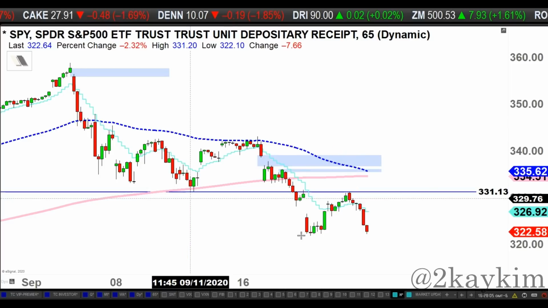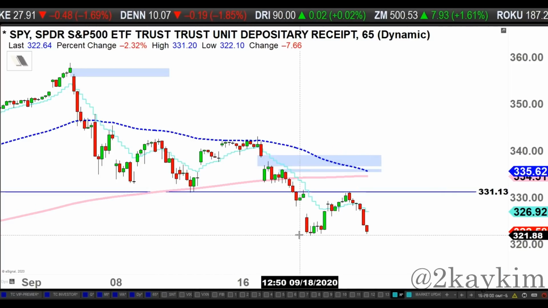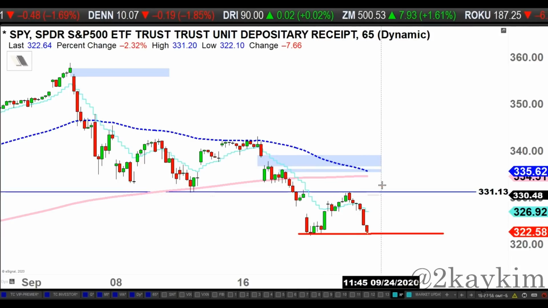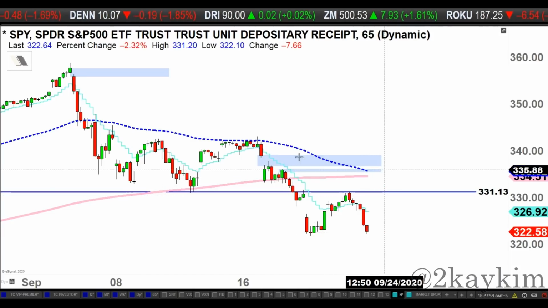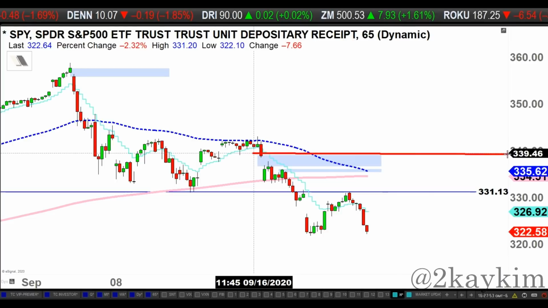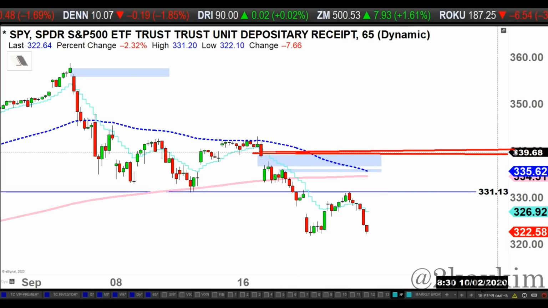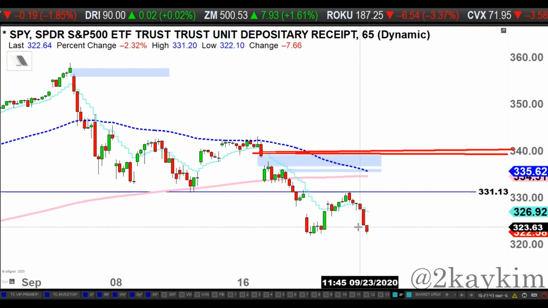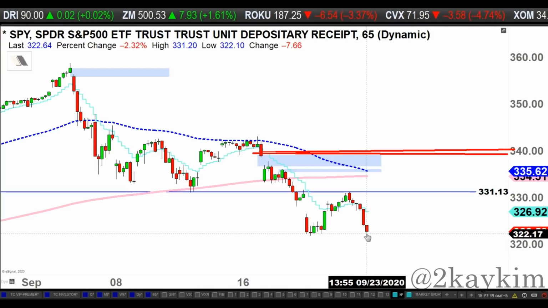So bulls can still turn things around if they can actually gap back up. Right now, what bulls need to do is gap back above 340. That will be the key level. Anywhere below 340, it will be bearish. To turn this market back to bullish sentiment, buyers need to gap back above 340.